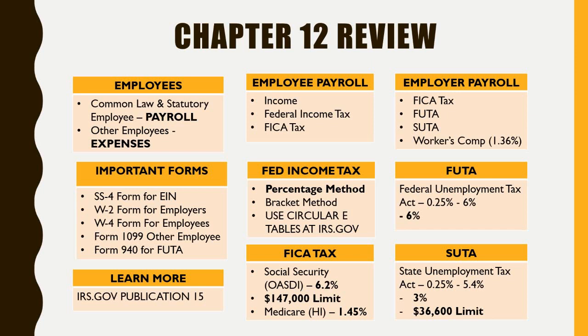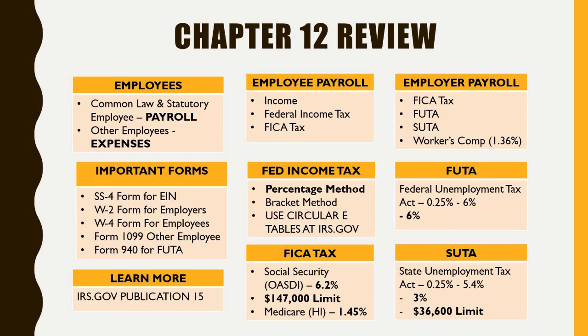Other things that we took a look at today: we have 2 types of taxes that we have to calculate, employee taxes and then employer taxes. The employee taxes include income tax withholdings and FICA, which is the Federal Insurance Contributions Act.